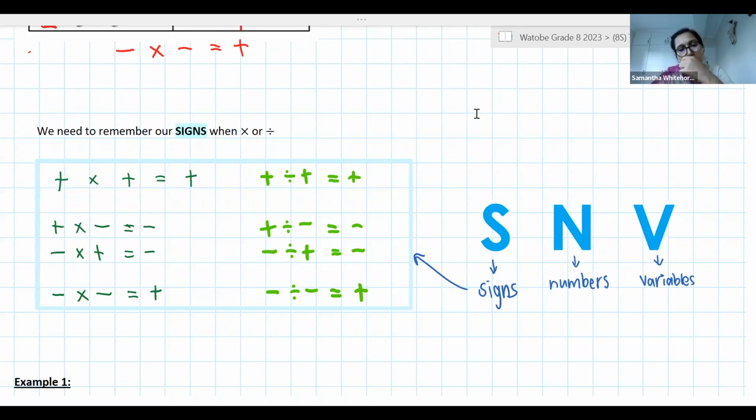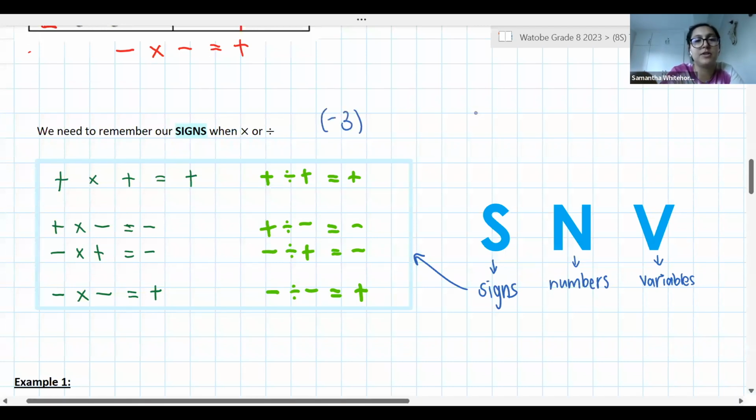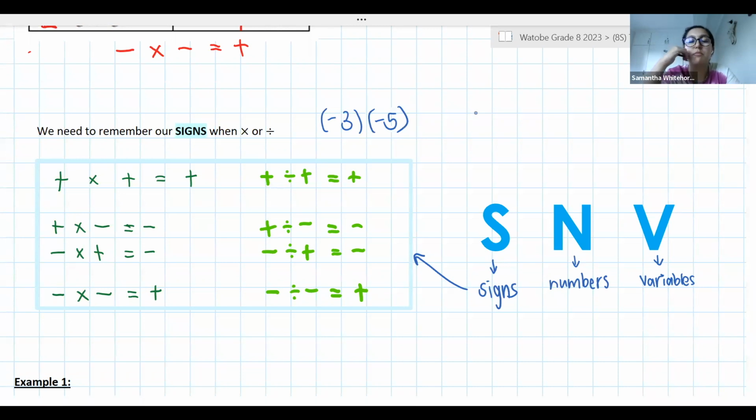Does it also apply with brackets? I'm not quite sure what you mean. Do you mean if like you had a bracket of -3 times -5, something like that? Yes, ma'am. Yes, so as long as you're multiplying or dividing, these rules apply. Okay, thank you, ma'am. Okay, good.